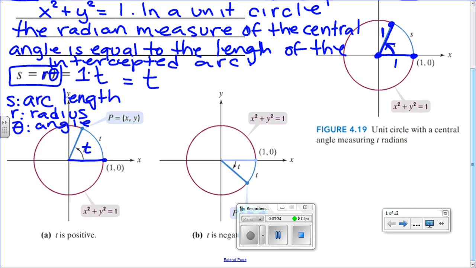So what this tells me is that the arc length is equal to the measure of the central angle. This only occurs whenever the radius is equal to 1 in the unit circle. And from there, we're going to get the trigonometric ratios.